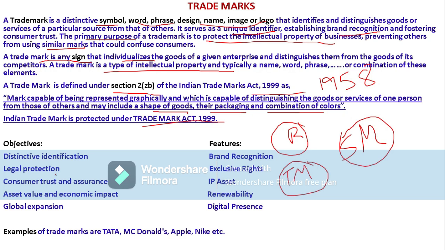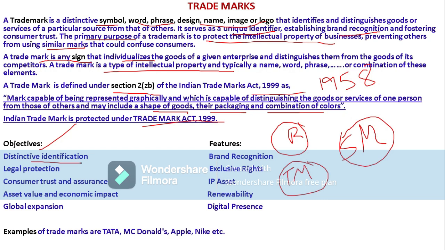So what would be the objectives of trademarks? The objectives of trademarks are diverse, encompassing legal, economic, and strategic dimensions. Different aspects are there in the trademarks. The first one, distinctive identification, means the primary objective of trademark is to provide a unique and easily identifiable symbol or expression that distinguishes the goods or services of one business from others.